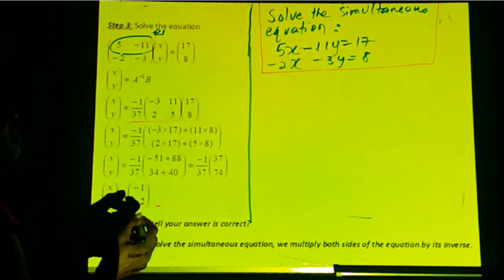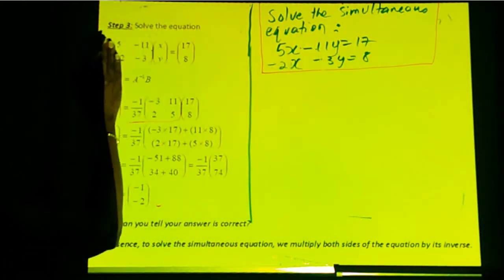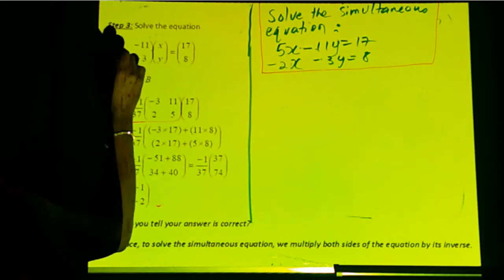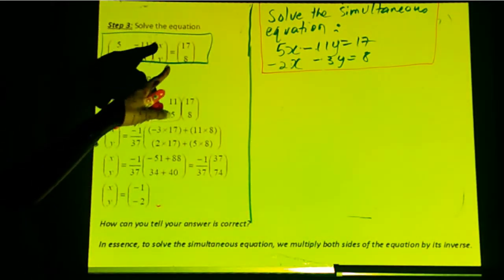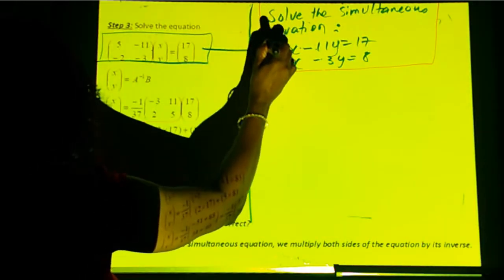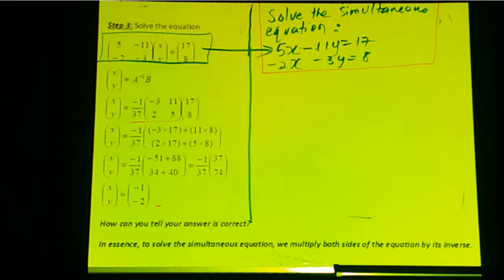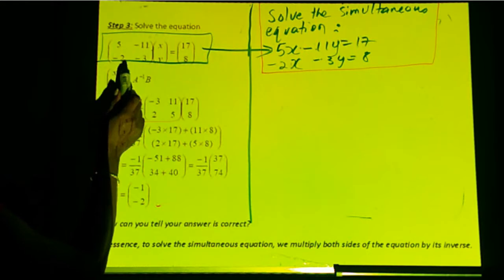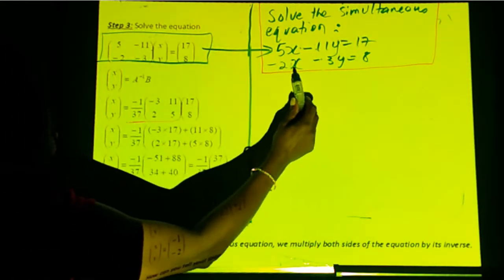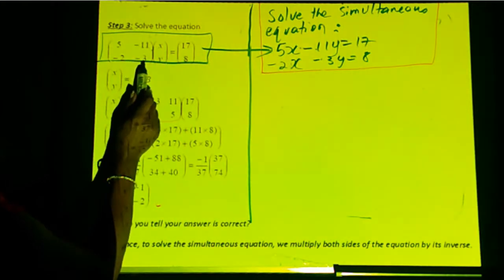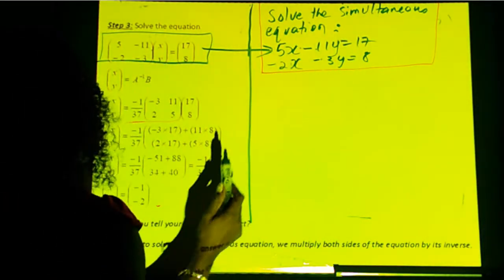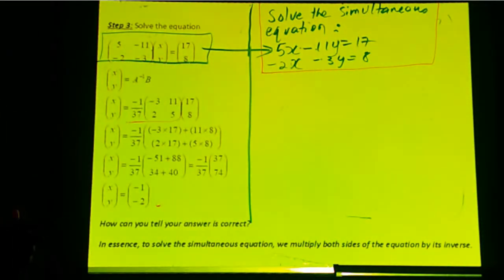So in essence, this form means the same thing as this. Let's do this bottom row. Negative 2 times x is negative 2x, first with first, second with second. Negative 3 times y, negative 3y, equals 8. So they mean the same thing.